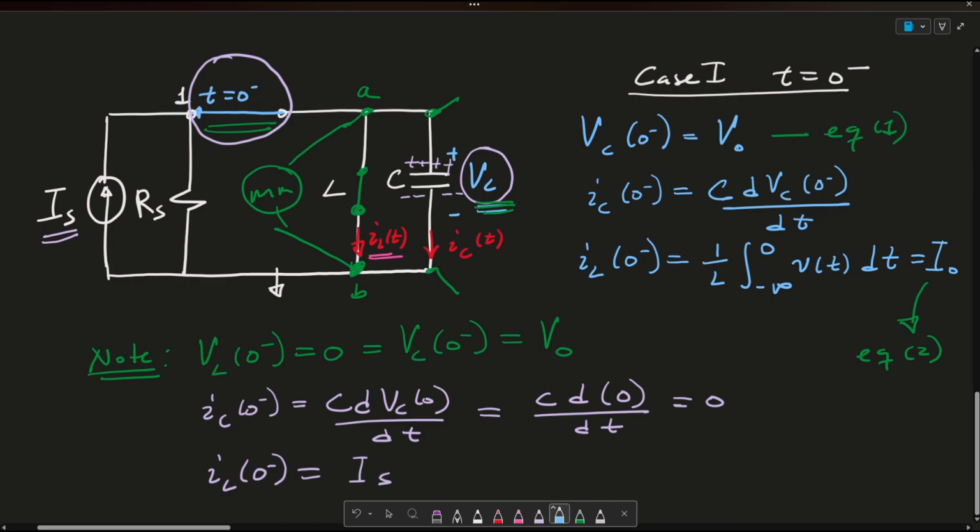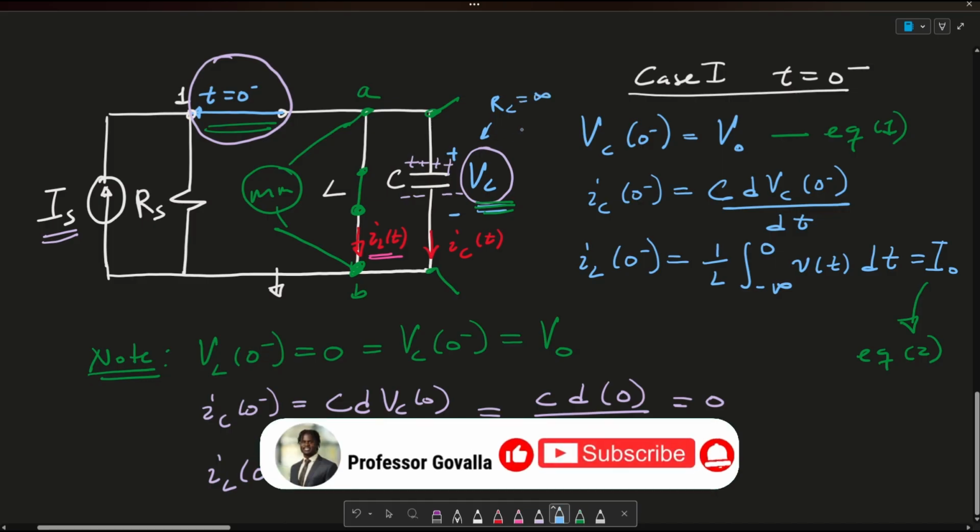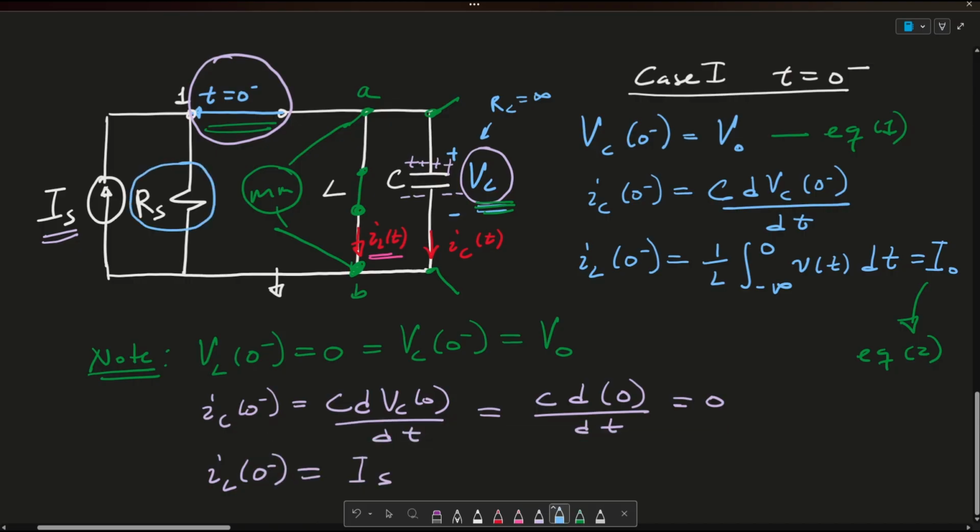Because if you can imagine, current is going to pick the path of least resistance. So through my capacitor here, it sees RC equals infinity because it's an open circuit. And through my resistor, it sees some resistance, right? R is equals to RS. And through my inductor, it basically sees zero resistance. So all my current will flow through here.